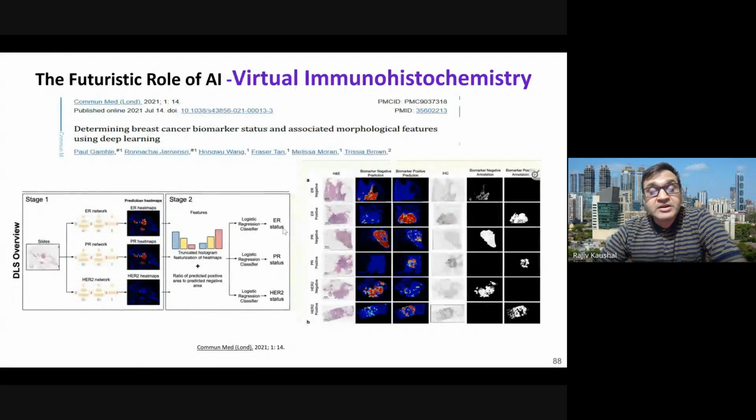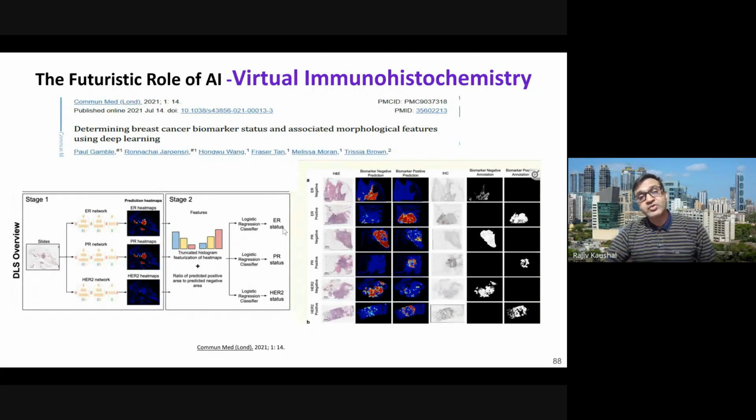And now there is also some talk about virtual immunohistochemistry, meaning the prediction of biomarker status based only on the HE images. This is being tested nowadays in breast cancers, where ER, PR or HER2 status can be predicted using only the HE images, and even in lung cancer, where you can predict the mutation status for EGFR using only HE images.